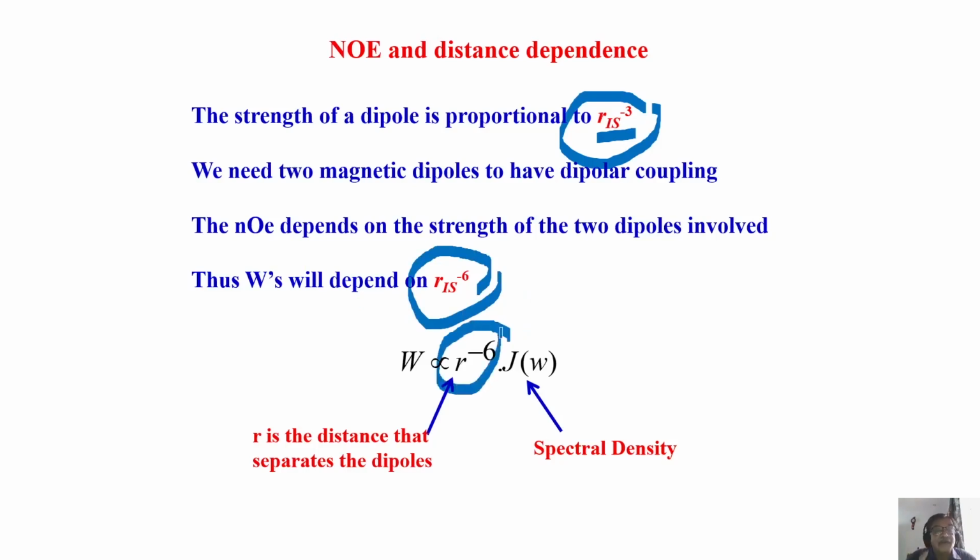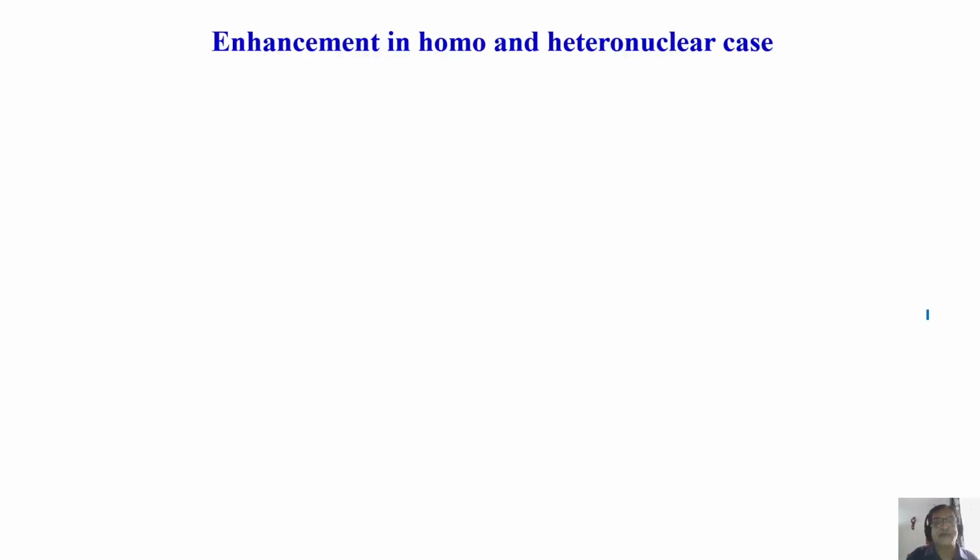Remember, inverse sixth power of the distance. So with a small variation in the distance, if you slightly move away from 1 angstrom to 2 angstrom, NOE drastically comes down. As a consequence, NOE is distance dependent. If they move away, NOE drastically comes down.